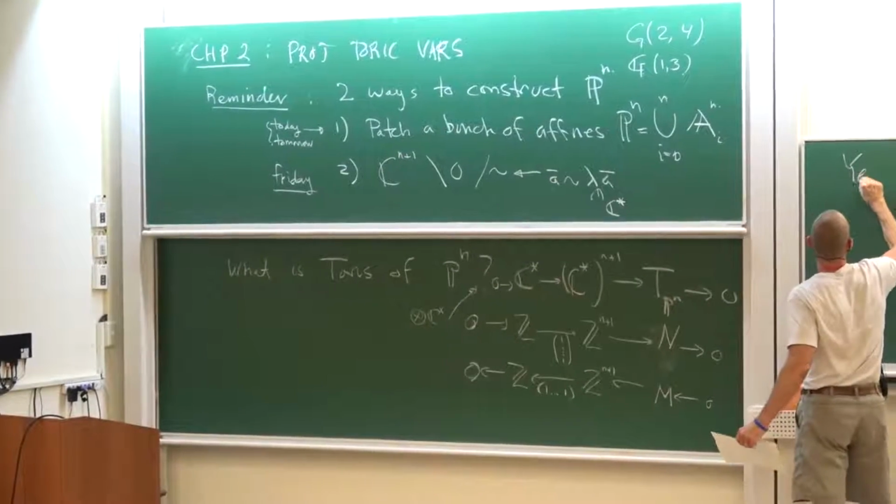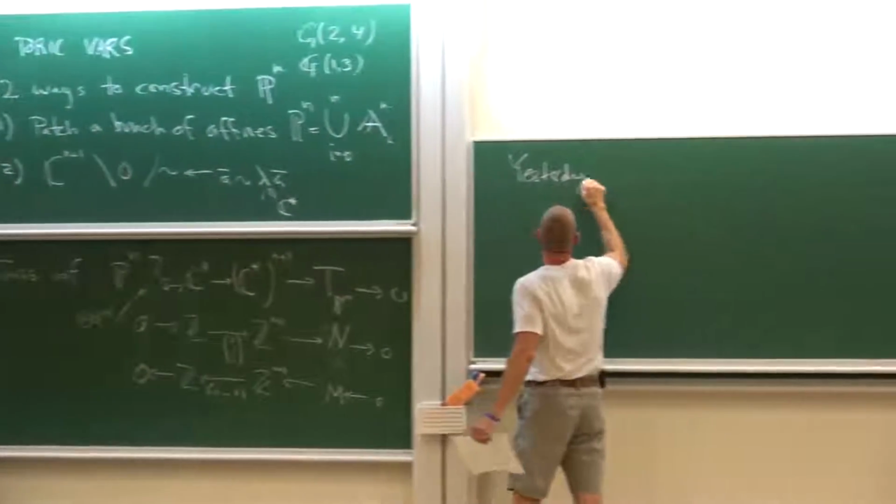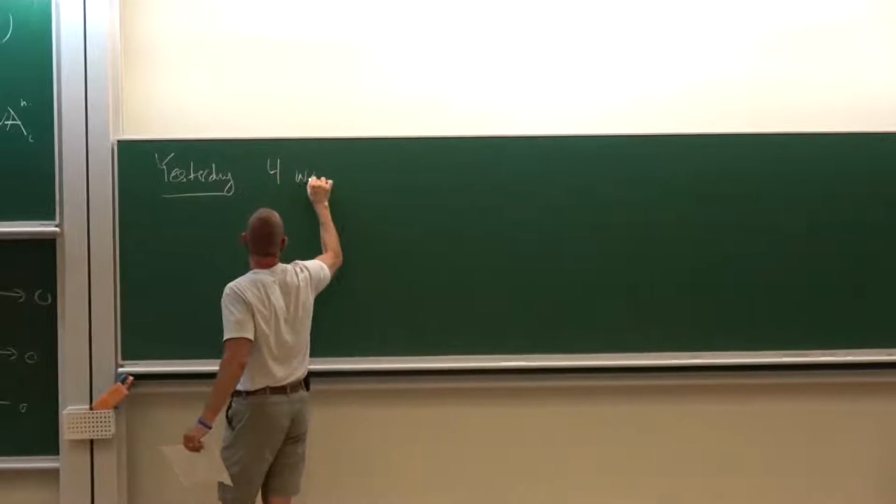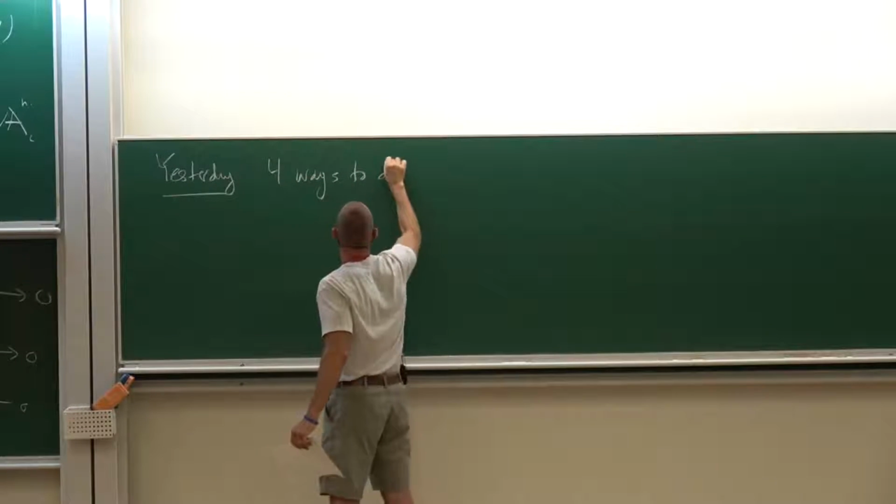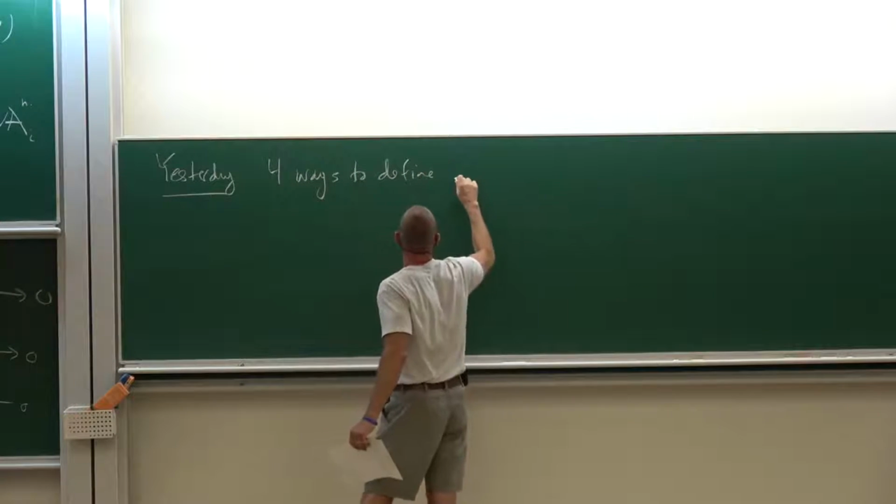So yesterday we saw 4 ways to define an affine toric variety.